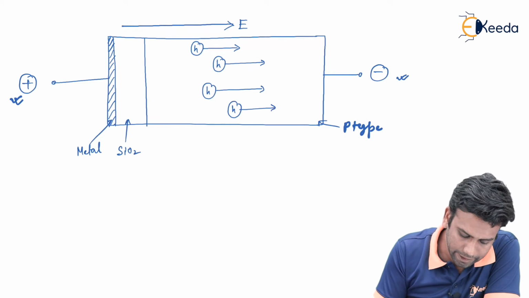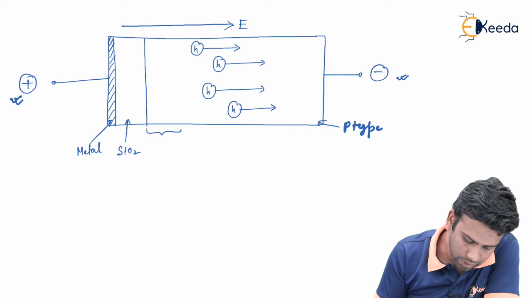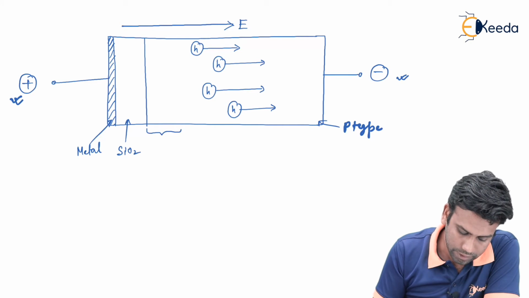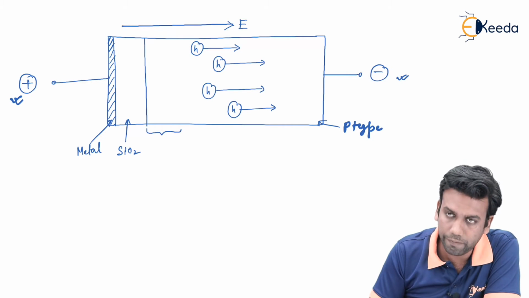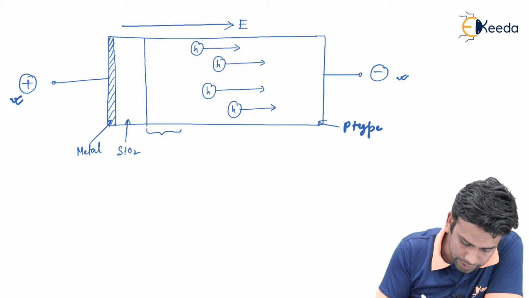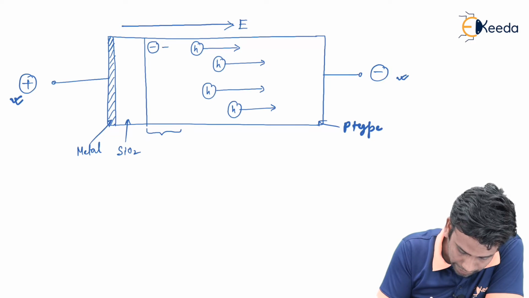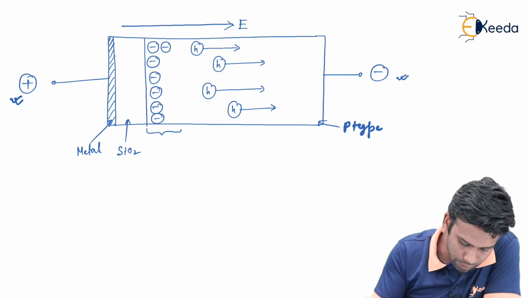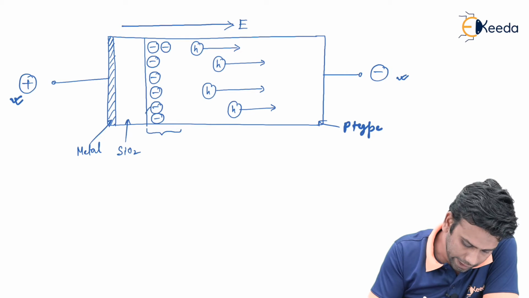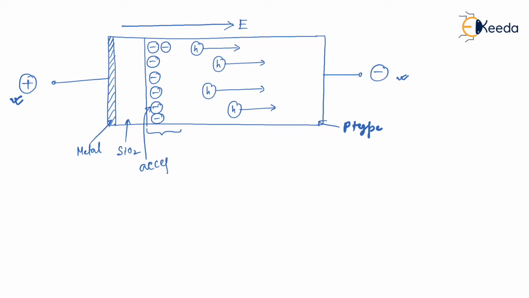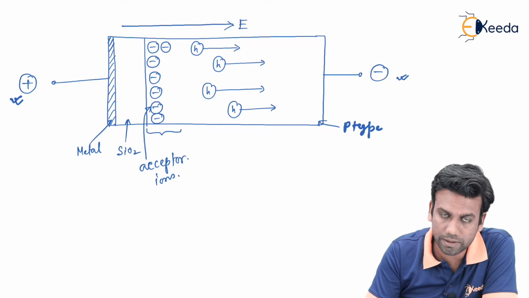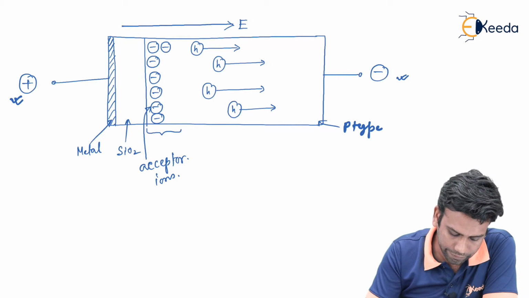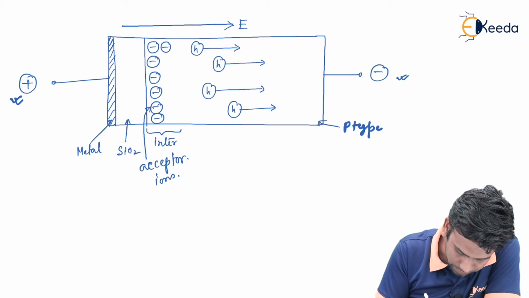So we can say at the interface region there will be a scarcity of holes, that means there will be a very small amount of holes because the holes have been driven away from the interface region, and that's why some acceptor ions will remain like this, and we know that these acceptor ions are negative charges, and these negative charges of the acceptor ions will serve as the negative charge at the interface region, and the interface region is this one.